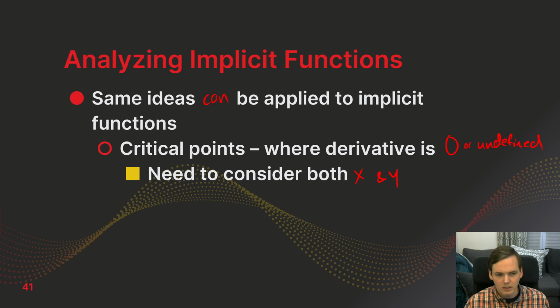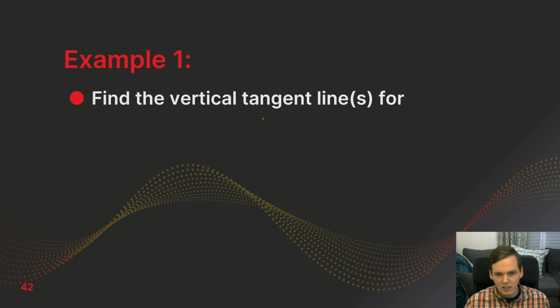calculating, finding those things. So for example, find the vertical tangent lines for the equation 3x squared plus 6x minus y squared plus 8y equals 16. If we take the derivative of both sides, we're going to get 6x plus 6 minus 2y y prime plus 8y prime equals 0.